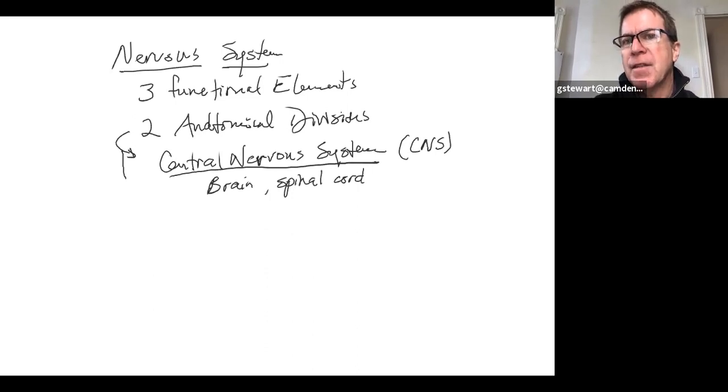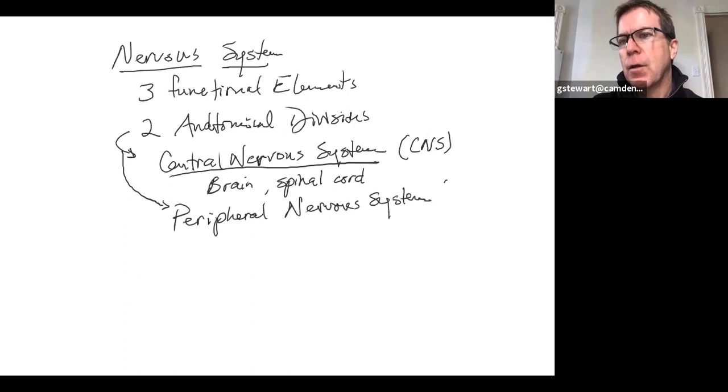And then the second division is called the peripheral nervous system. And I will use the abbreviation PNS, just so that we can get through this before midnight tonight. The peripheral nervous system anatomically is made up of what we call peripheral nerves, nerves emanating mostly from the spinal cord, but also a little bit from the brainstem.